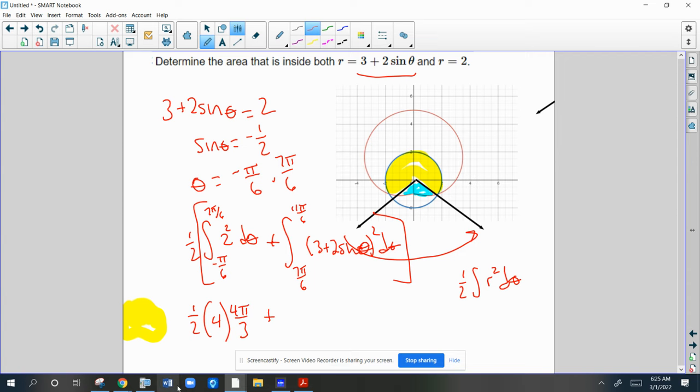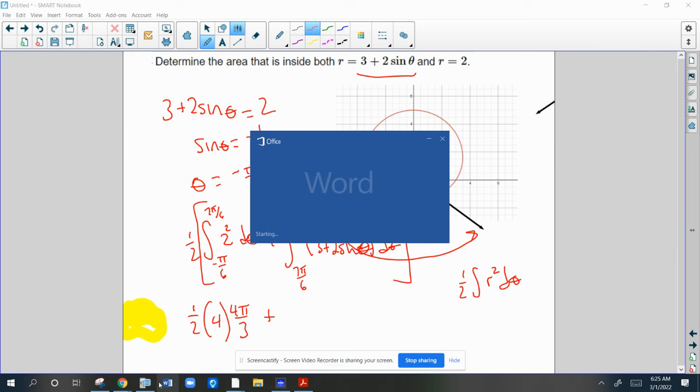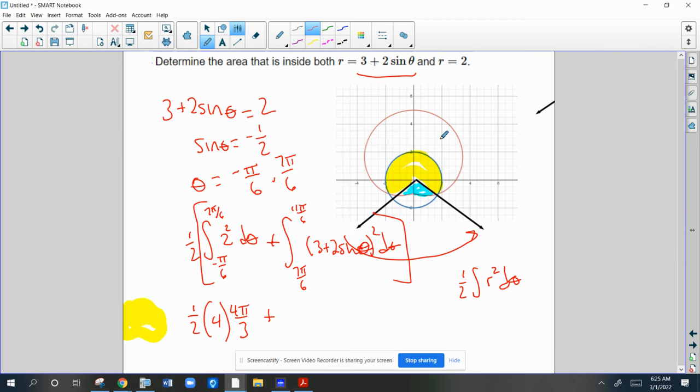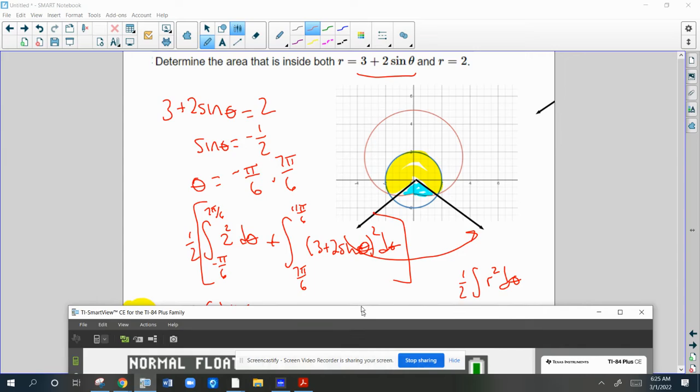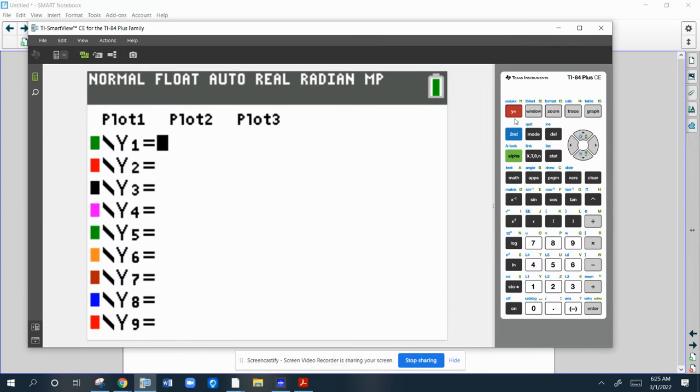This next integral, we're going to grab the calculator. I'm not going to create a Word document. So we have 3 plus 2 sine theta, that whole thing squared.